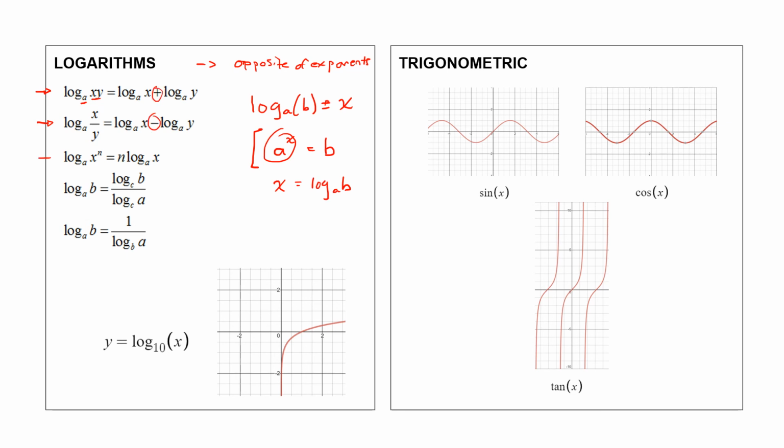This one here is the exponent rule, where the power can be brought down as a coefficient. Log base a of x to the n power is the same as bringing that n down in front as a coefficient and saying n log base a of x, okay? So all we did here was take the n that was here, remove it and place it in front as a coefficient. This one here is the base change rule.